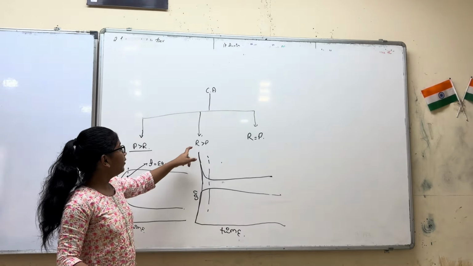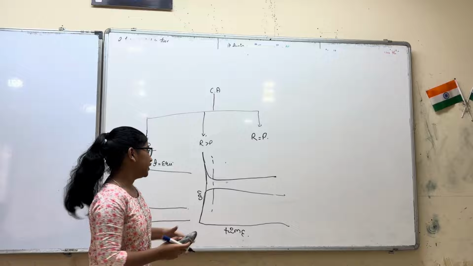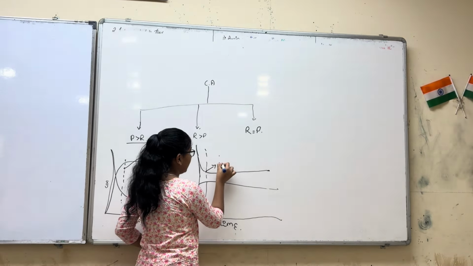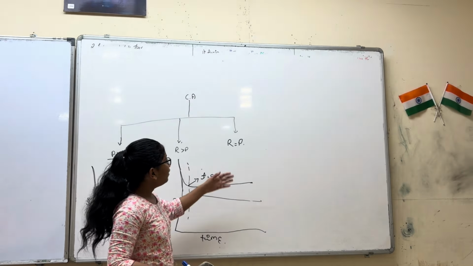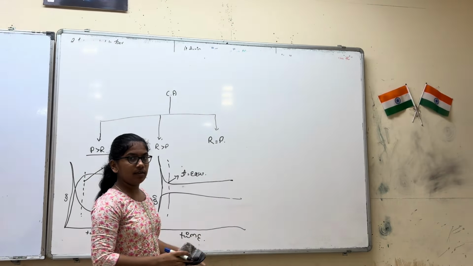This is graph of reactant is greater than product. It is point of equilibrium, t equilibrium. Third one is product and reactant are equal.